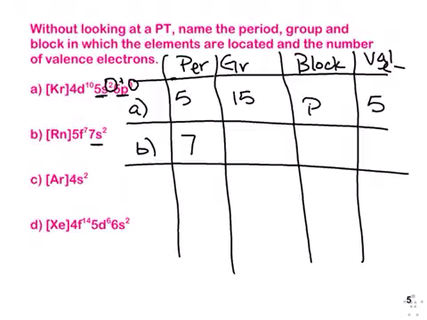If it's not S, what's our only other option here? It has to be the F block. Why are we not in the S block? Pardon? Because which one isn't full? No, you're on the right track.